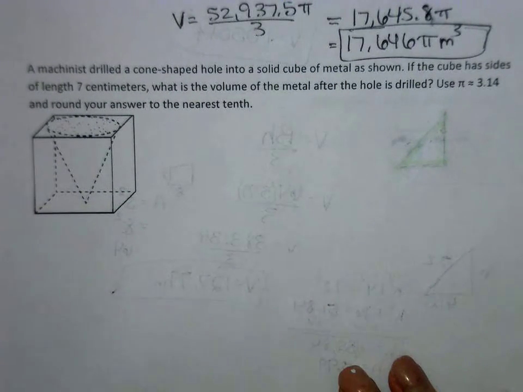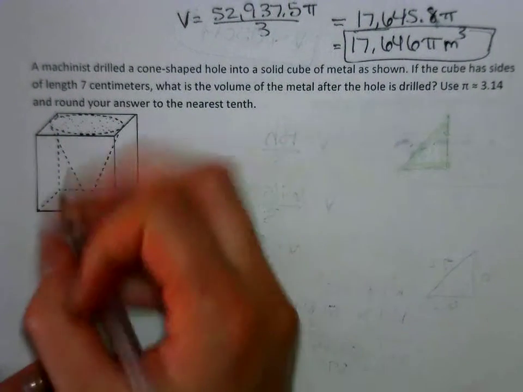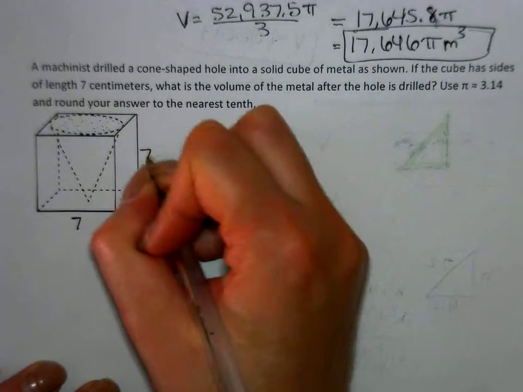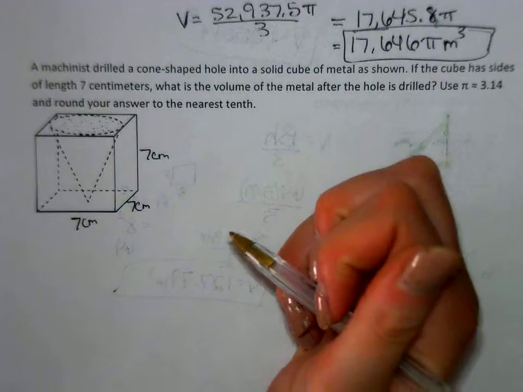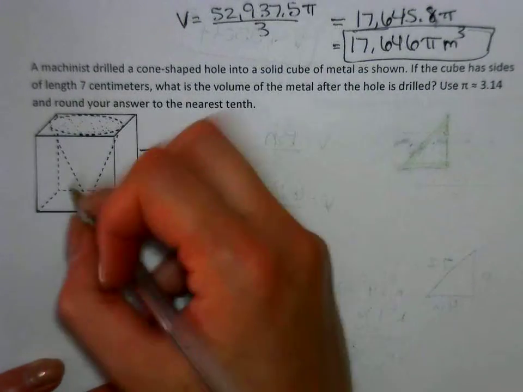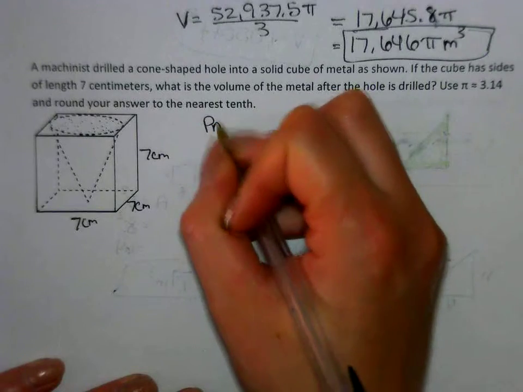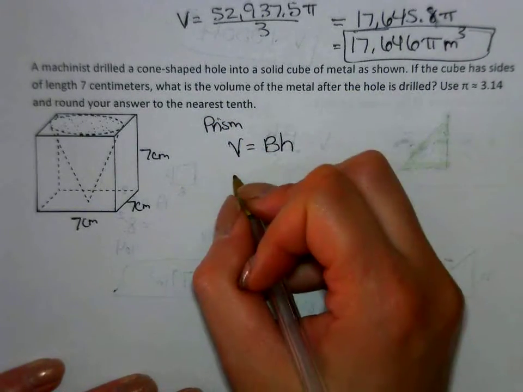Lastly, we have a machinist who drilled a cone-shaped hole into a solid cube of metal as shown. If the cube has sides of length 7 centimeters, what is the volume of the metal after the hole is drilled? We first can find the volume of our cube. The volume equals the area of our base times the height.